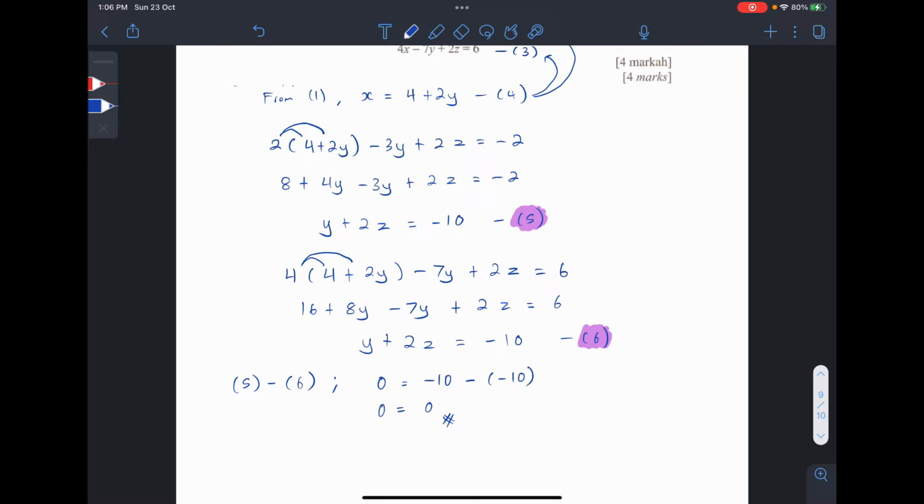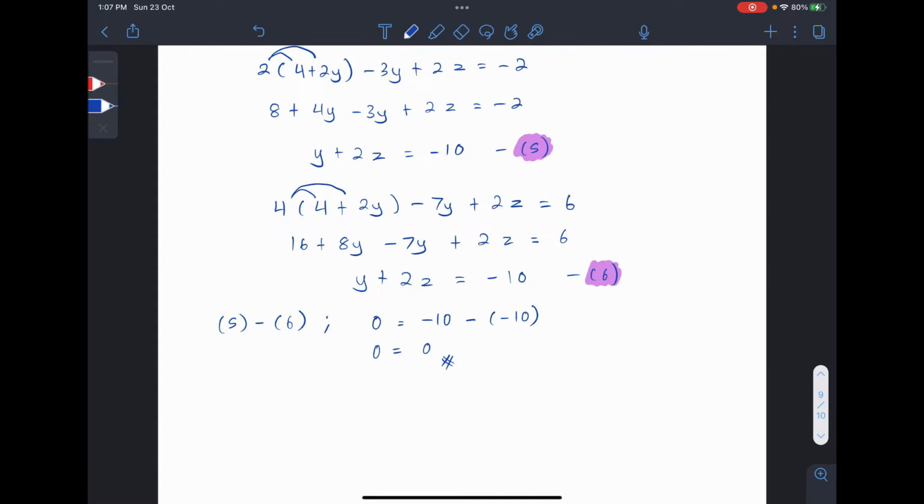So what does that mean when we get 0 equals 0? That means you have an infinite possible number of solutions.